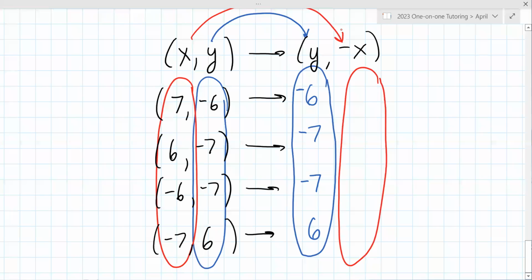Yeah. Negated. So you're gonna negate the numbers in this red here. What does that become over here on the right? All right, that right there is gonna be -7. Okay. All right. That right there is gonna be -6.